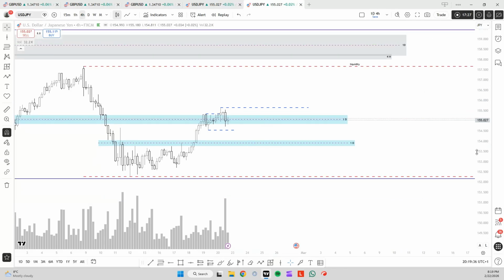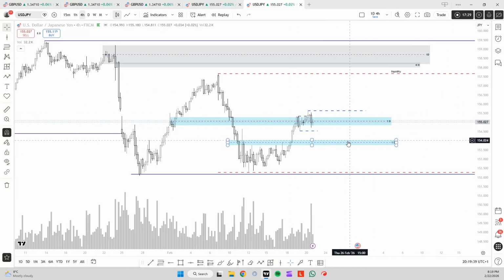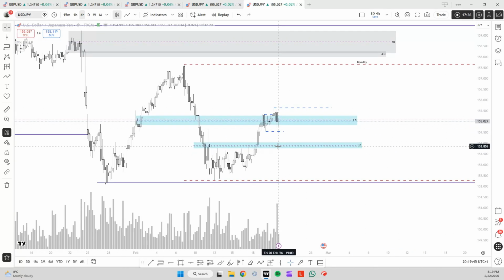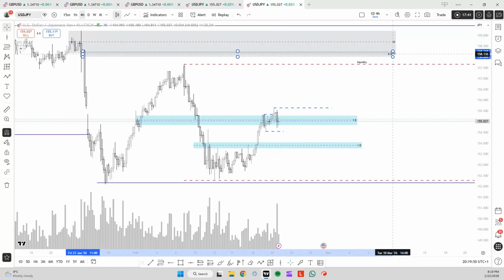This is my analysis. For now, the price is going to be between those imbalances, and those are the levels I am paying attention to. And then this is a very, very interesting one.